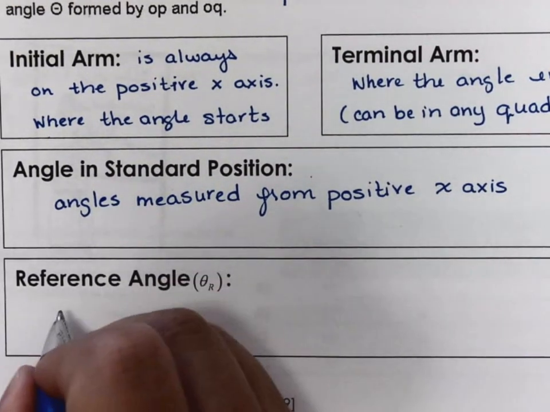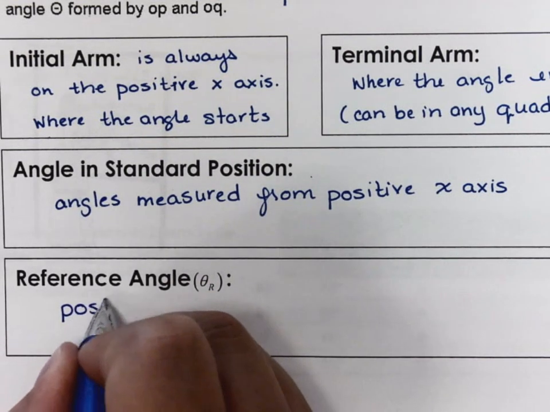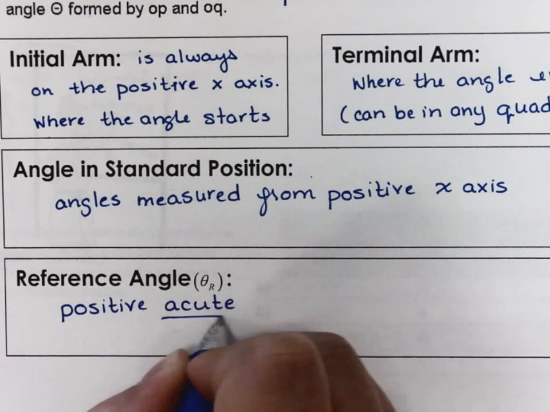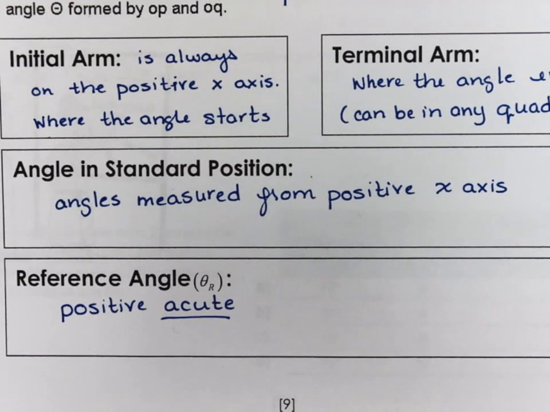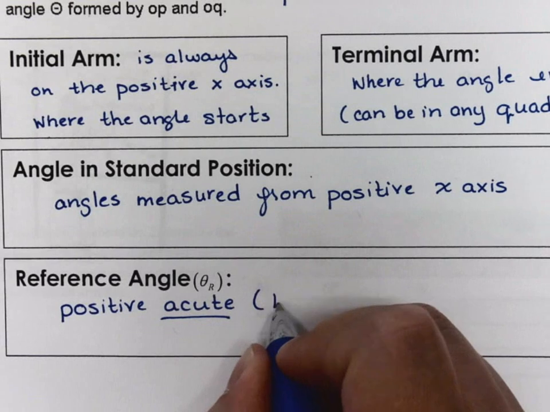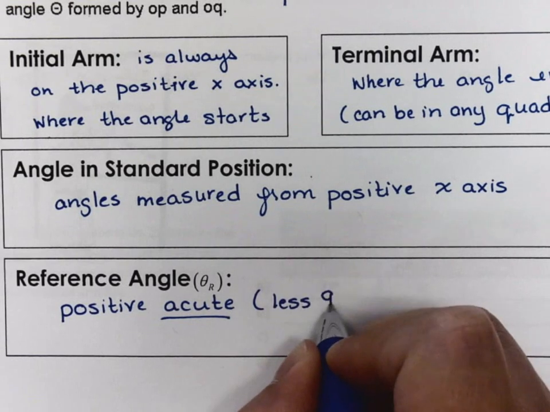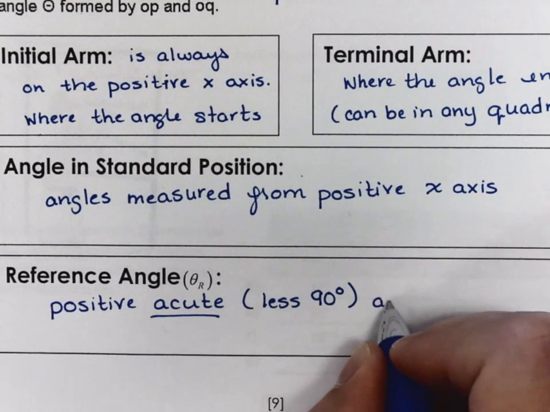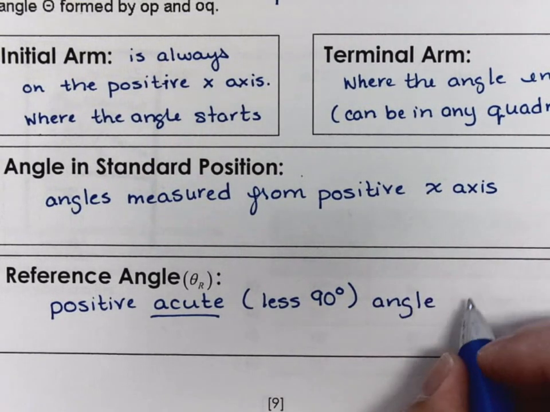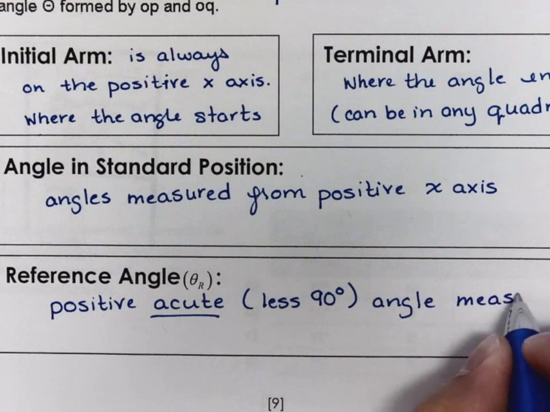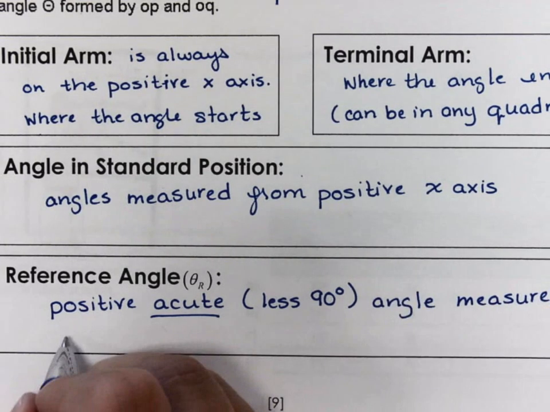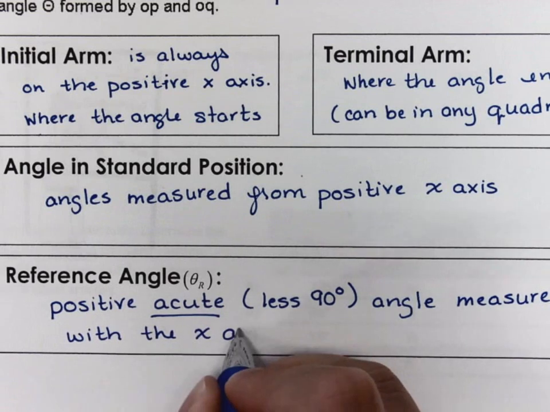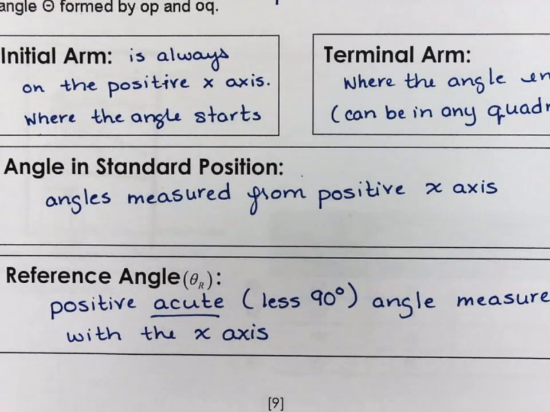Okay. So this is going to be a positive acute. Now that might not be a word we're familiar with. Acute, which is an angle less than 90 degrees, measured with the x-axis.